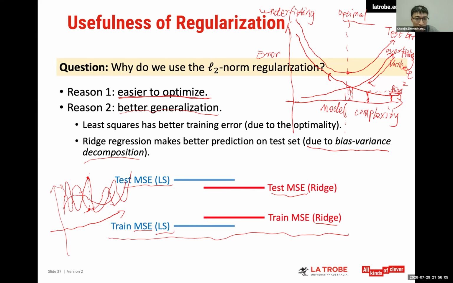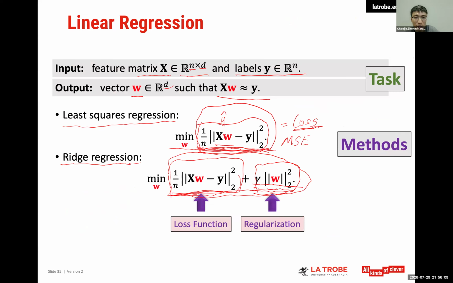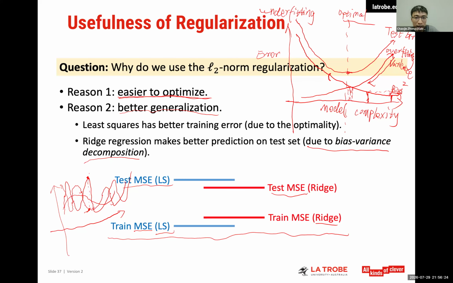So this regularization will increase a little bit of the bias, but decrease the variance of the model dramatically. That's why for the training error, ridge regression will show a higher training error.